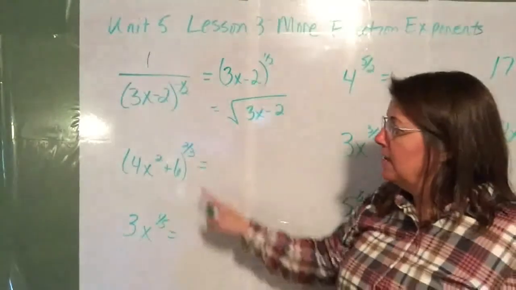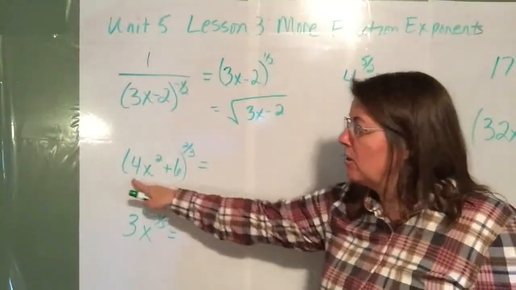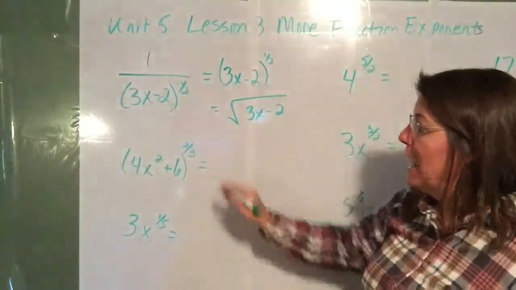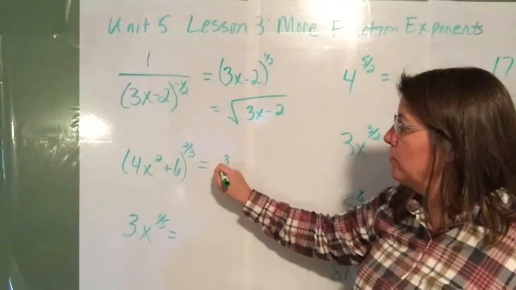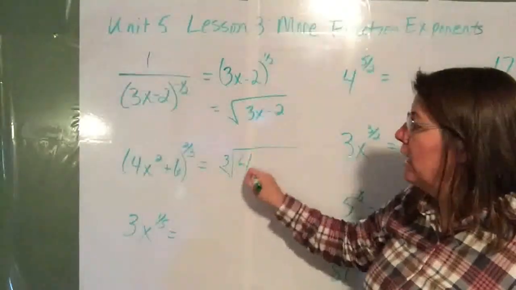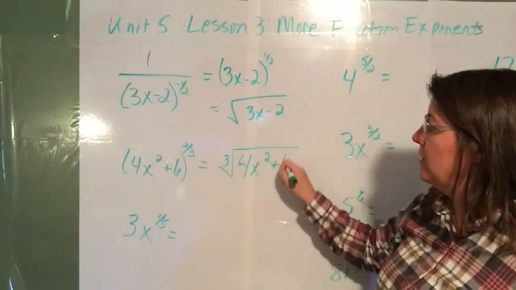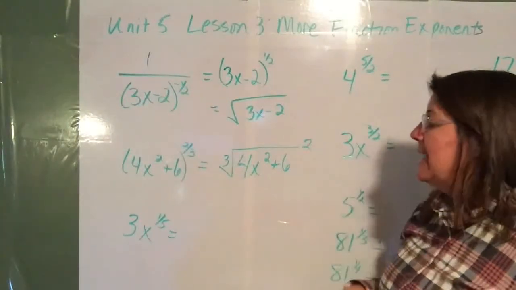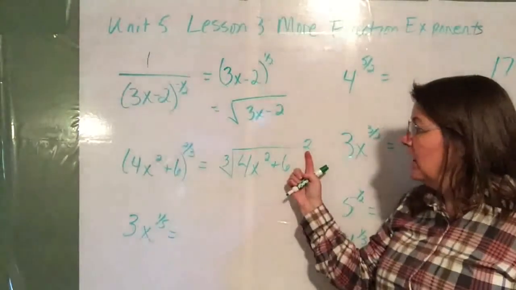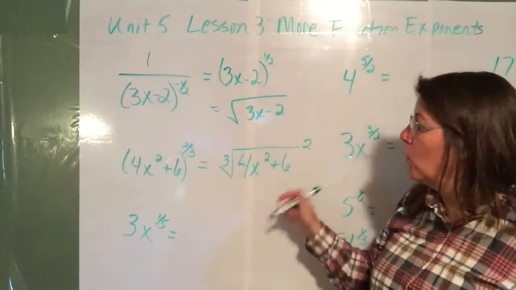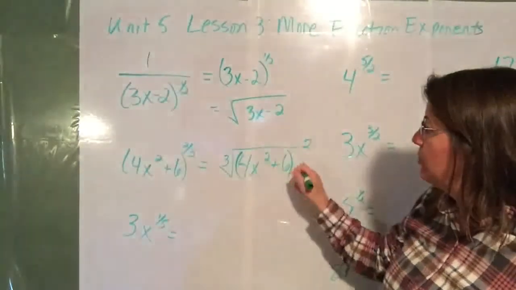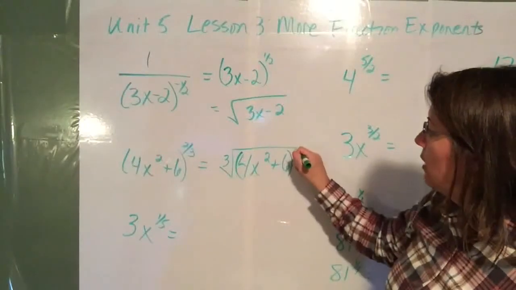That is all I would be able to do. With this one, that is another binomial to a power. I'm allowed to write that as the cube root of 4x squared plus 6 squared. And I could write that square on the outside of the radical, or I could put it in parentheses and put the square on the inside.